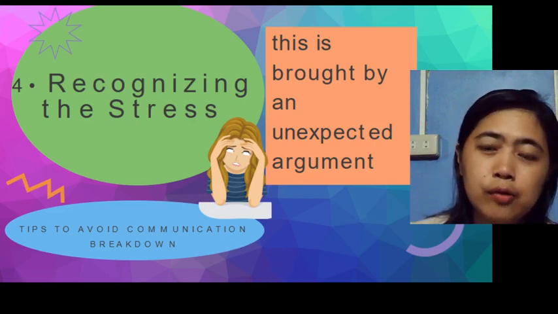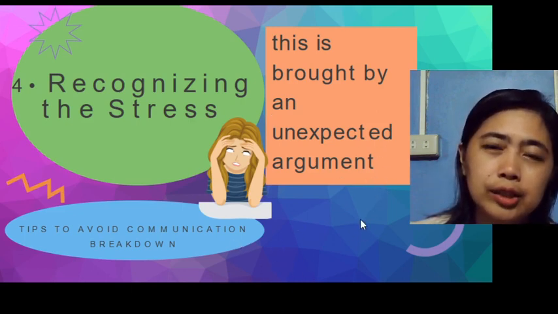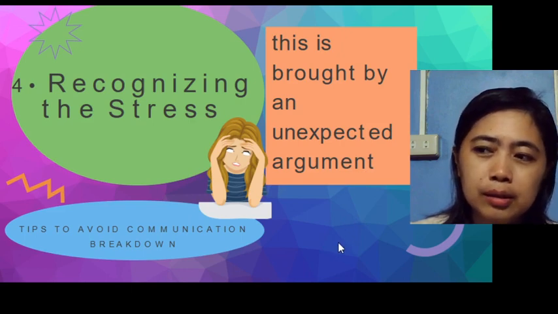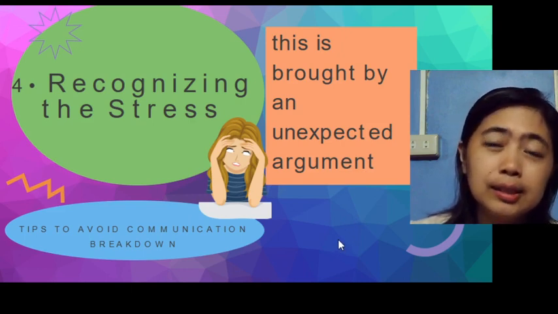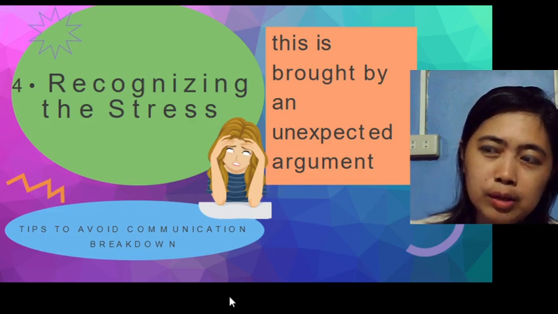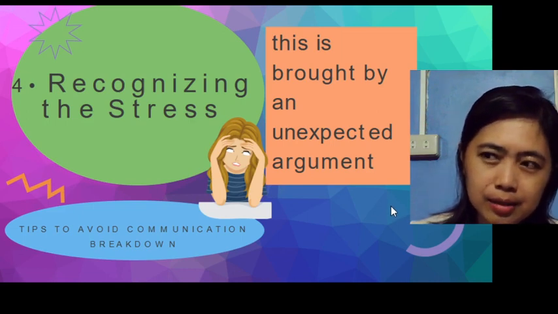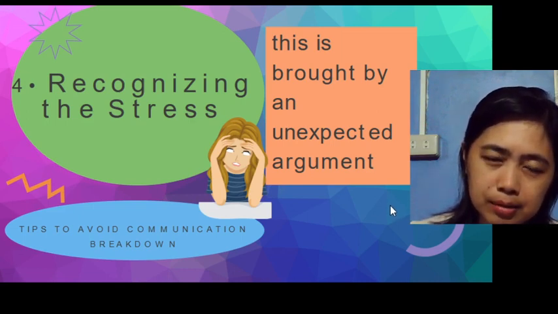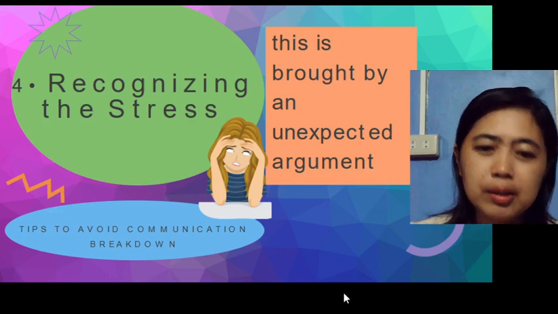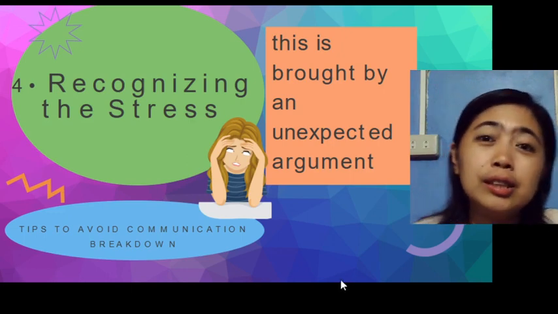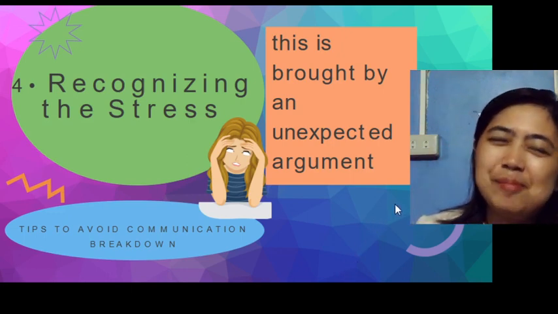So for recognizing your stress, since it is unavoidable, when a bubbling argument exists, or you can feel that there is already a bubbling argument, then maybe that's why you have to distance yourself. Yes, important.